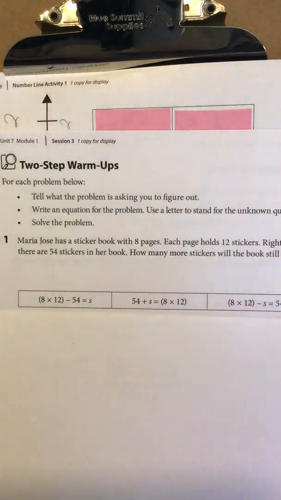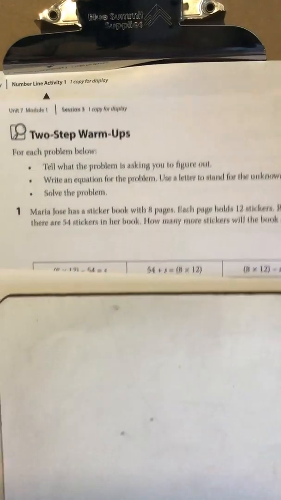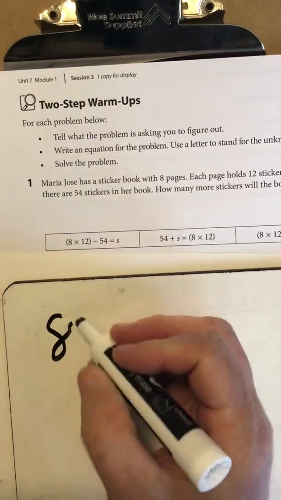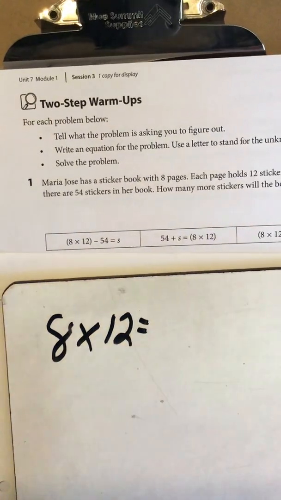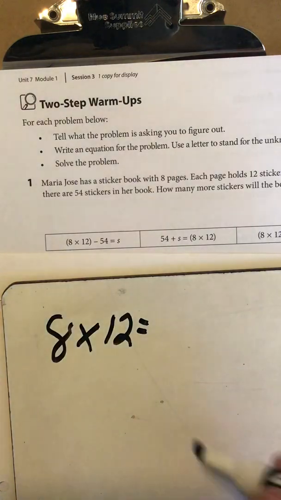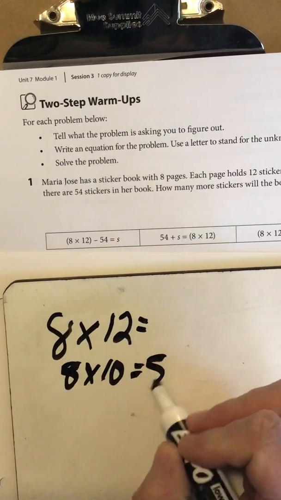So if we were to write out that equation, we could write out 8 times 12. And if you're looking for a good strategy, we can do 8 times 10 will give me 80.